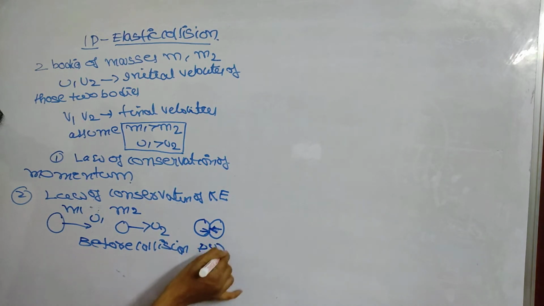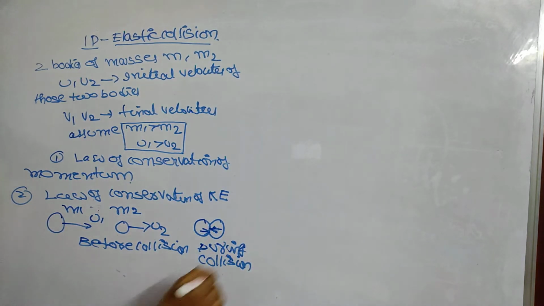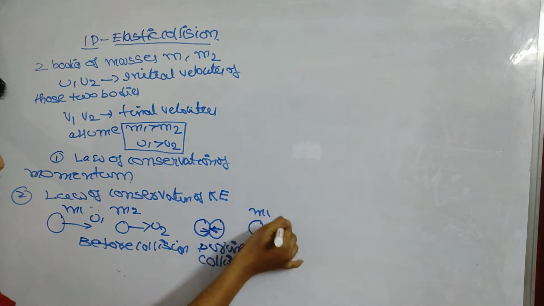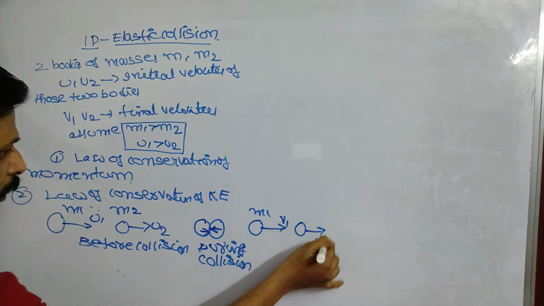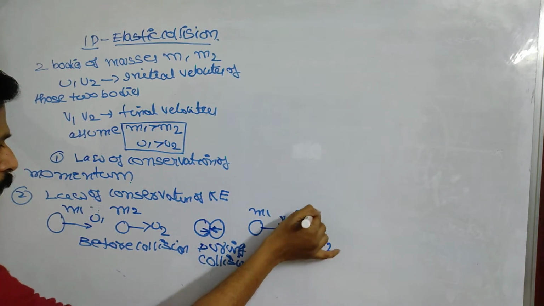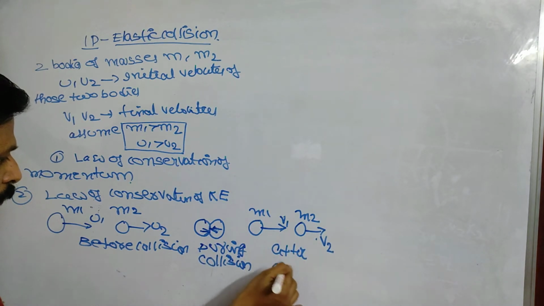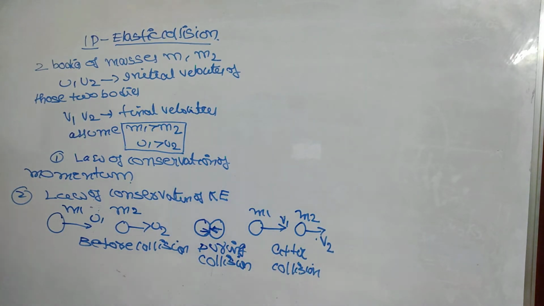This is called during collision. And later on, these two are moving with the velocities m1 v1 and m2 v2. This is called after collision.